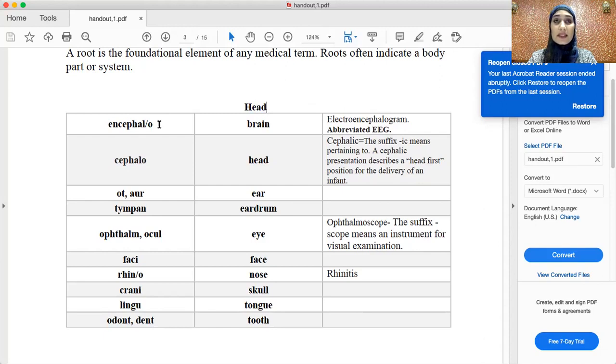Pertaining to means related to. A cephalic presentation describes a head-first position for the delivery of an infant. So when we say cephalic position, it means that the baby's head is down. All right.